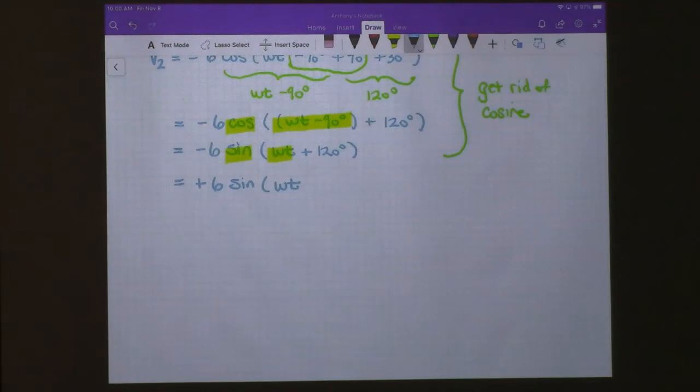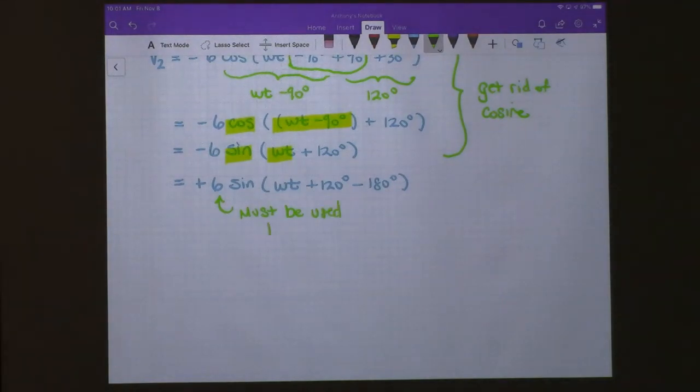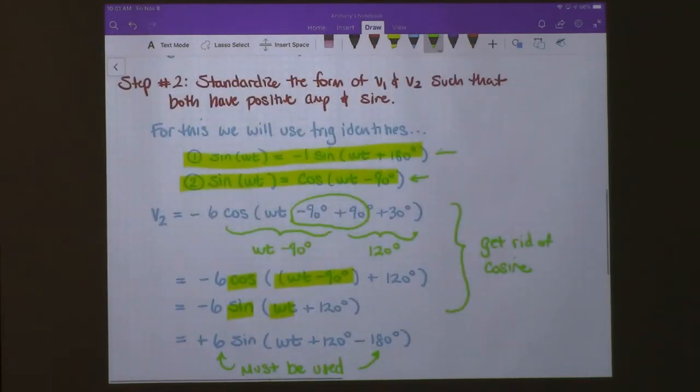I'm going to flip the -6 to a +6 plus 120. And then I'm going to subtract out my 180. So these two go hand in hand. Right? If we're going to flip the sign, then we also have to throw the 180-degree shift in there. And so that's applying the first identity up above.